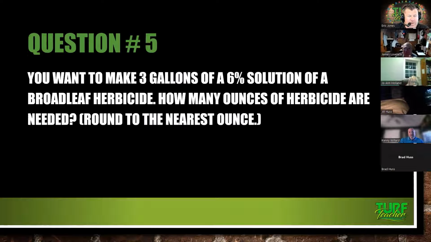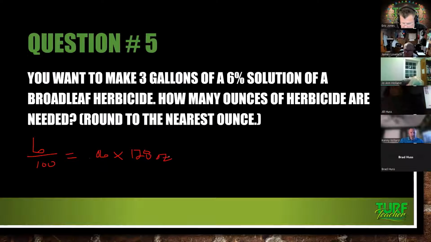Question 5. You want to make 3 gallons of a 6% solution of a broadleaf herbicide. How many ounces of herbicide are needed? Round to the nearest ounce. We have to convert it to decimal form, so 6 divided by 100 equals 0.06. We multiply that by 128 ounces in a gallon, which gives me 7.68.